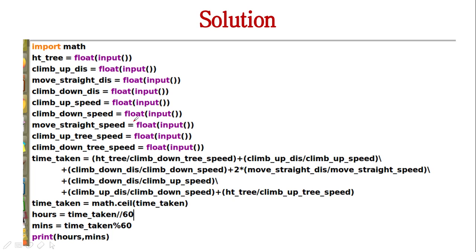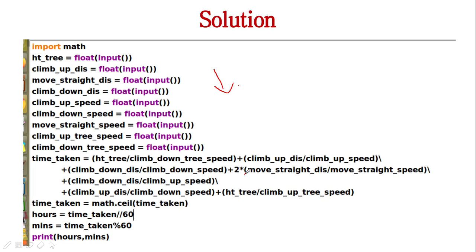So climb up speed, as per the input format given, we read all the input values and then calculate the time taken. We use the variable holding the height of the tree divided by climb down speed, because the ant is moving down from the tree, and then it moves up the mountain surface, and then it moves straight.